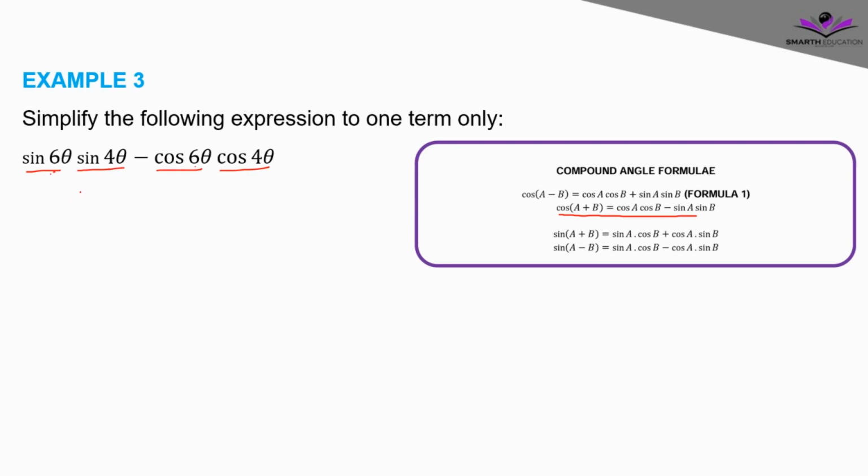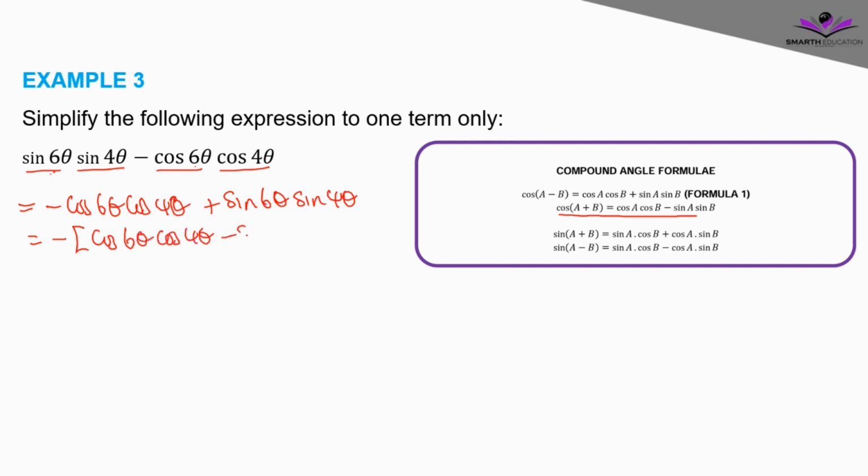So this can be rearranged as negative cos 6θ cos 4θ, then plus sin 6θ sin 4θ. Then we can factor out negative 1, so it becomes cos 6θ cos 4θ minus sin 6θ sin 4θ.